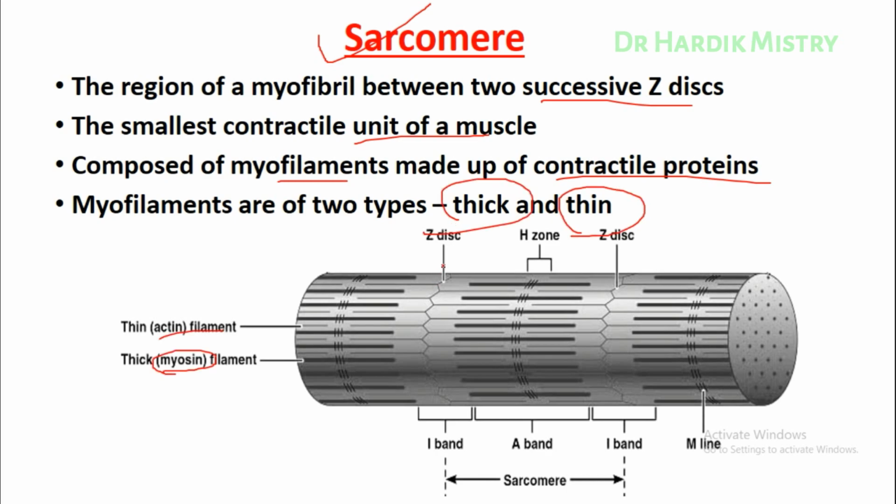In this figure you are seeing one Z disc or Z line, and here is another Z line. Whatever structure is present between two Z lines is known as the sarcomere, the single, smallest contractile unit of a muscle.